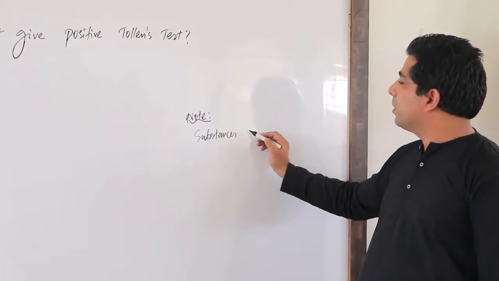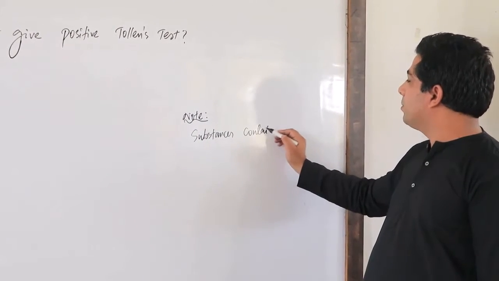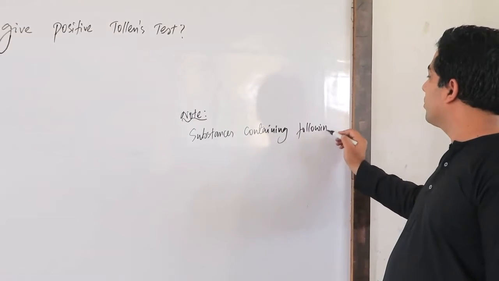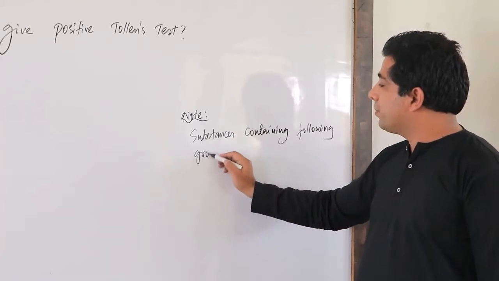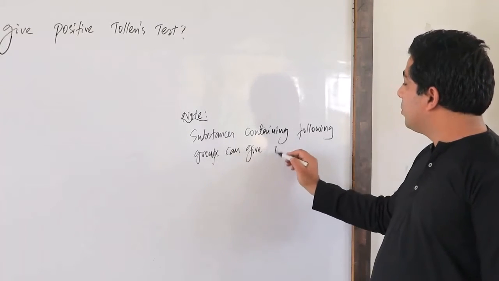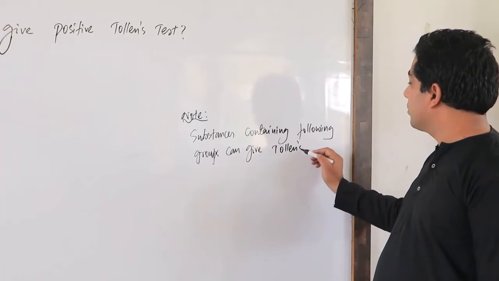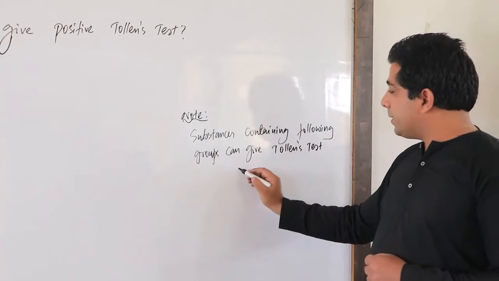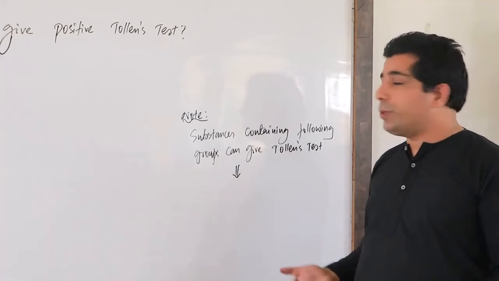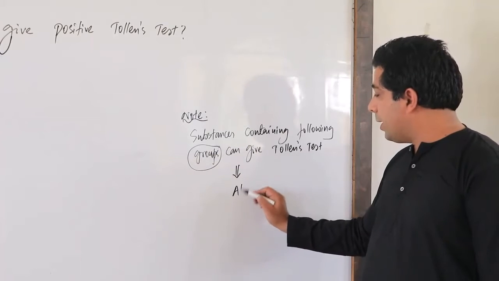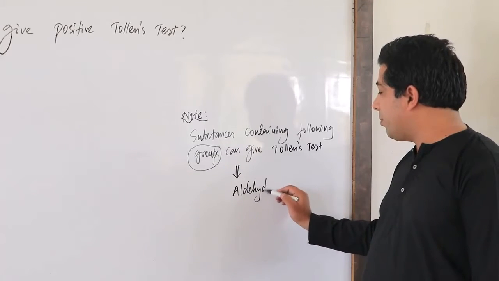Substances containing following groups can give Tollens test. Okay, what is that? What are those groups? Let's talk about those groups. A substance should have an aldehyde group, correct?